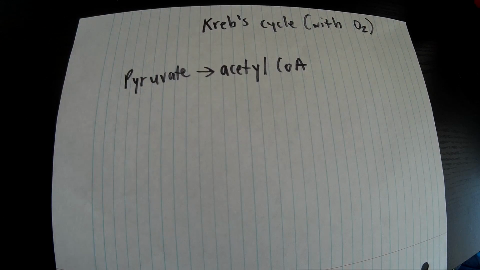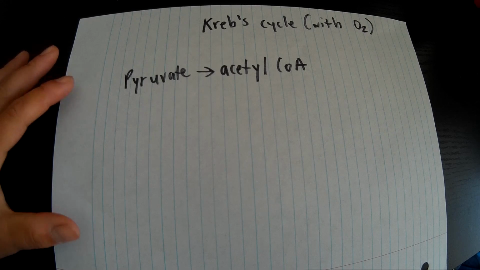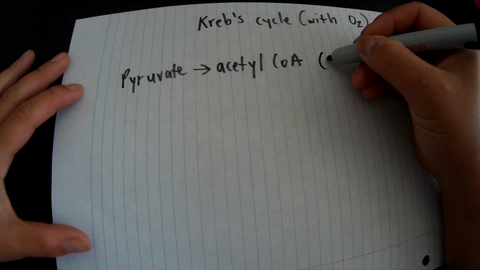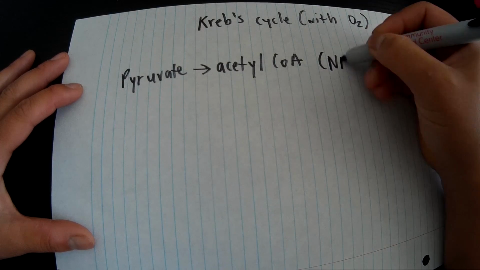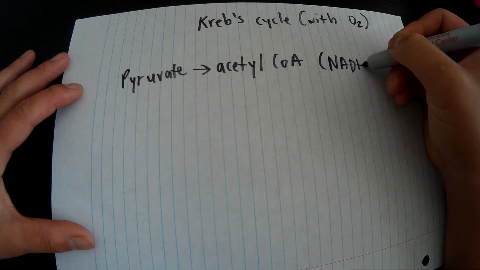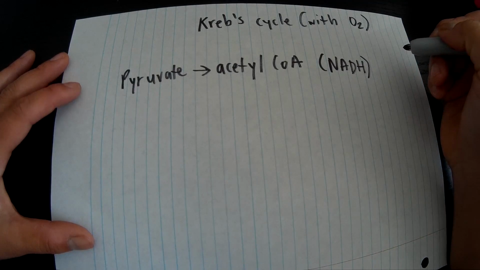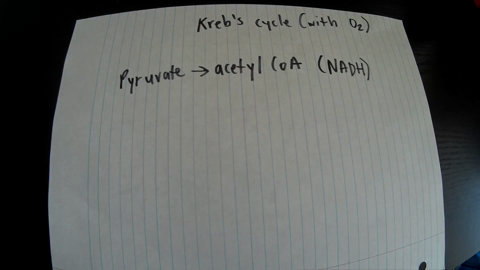Now, in that chemical process, as pyruvate turns into acetyl coenzyme A, it will also churn out one NADH. So we'll have one NADH from this, and we'll need to know that later for our electron transport chain, which is basically our oxidative system.